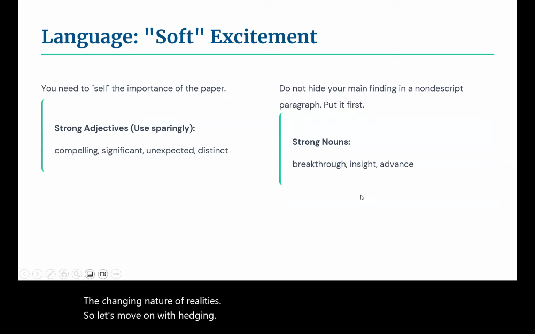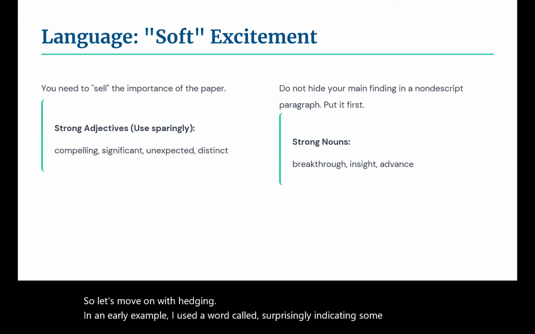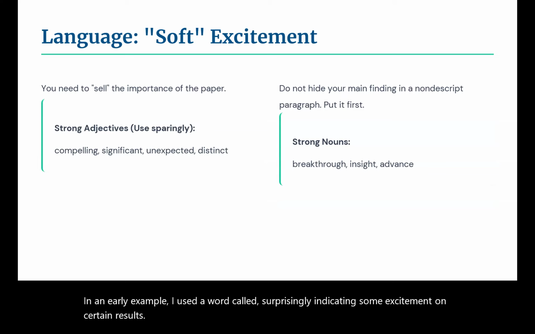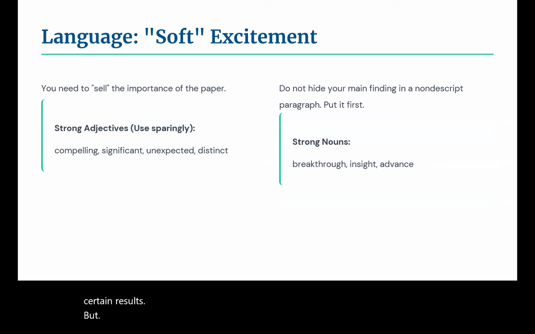And in an early example, I used a word called surprisingly, indicating some excitement on certain results. But this excitement should be indicated softly. You need to sell the importance of the paper.